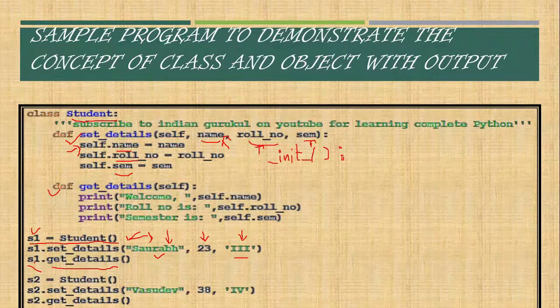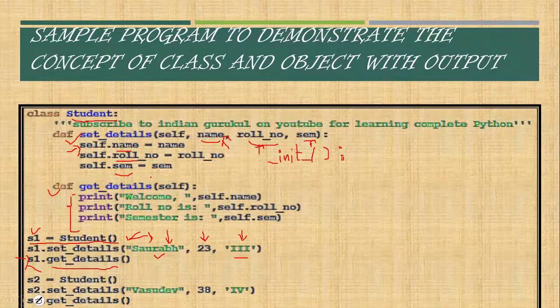So when this line is executed, this set of print statements inside the get_details method will be executed.